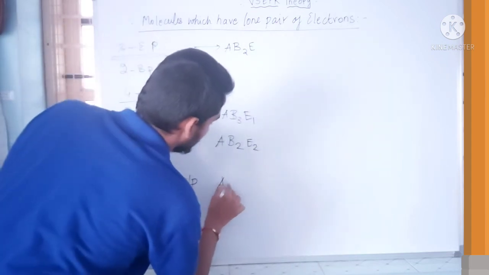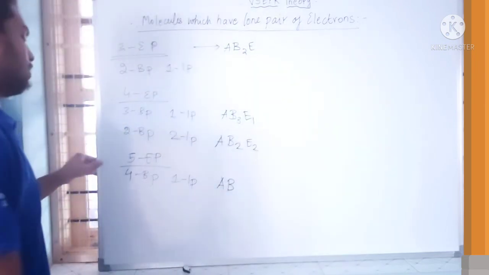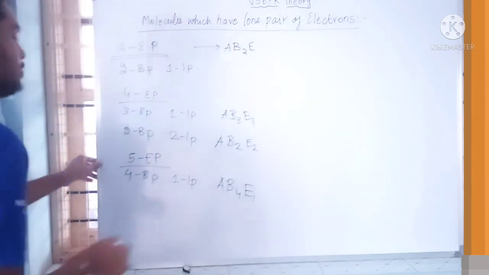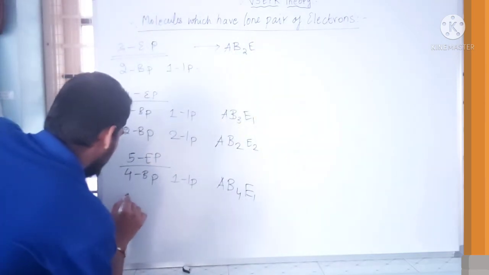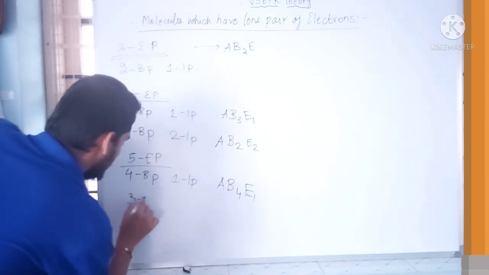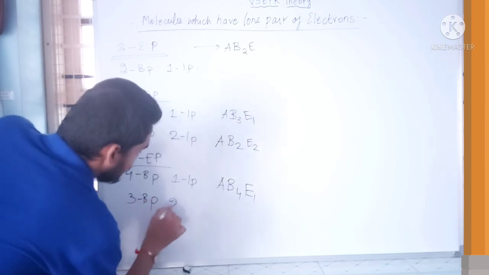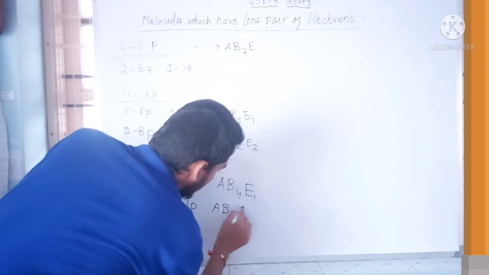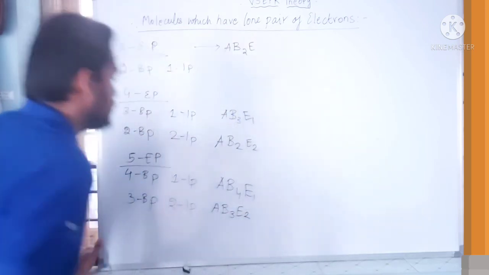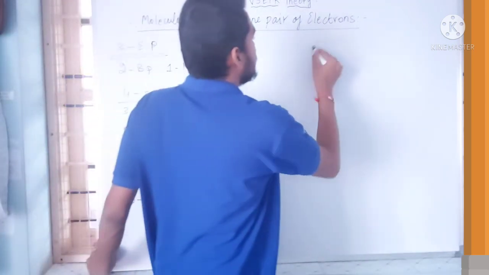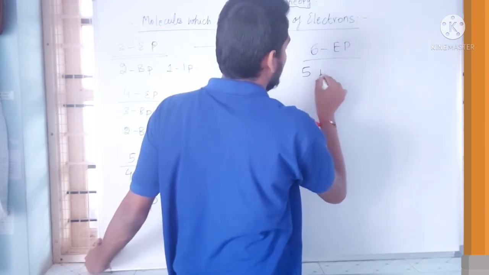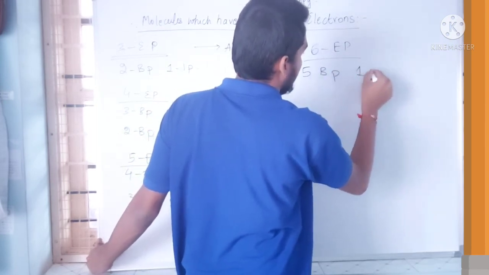So the general formula will be AB4E1. You can write or you may not write, it's your choice. If there are 3 bonded pairs and 2 lone pairs, you can write AB3E2. If there are 6 electron pairs, then there are 5 bonded pairs and 1 lone pair.